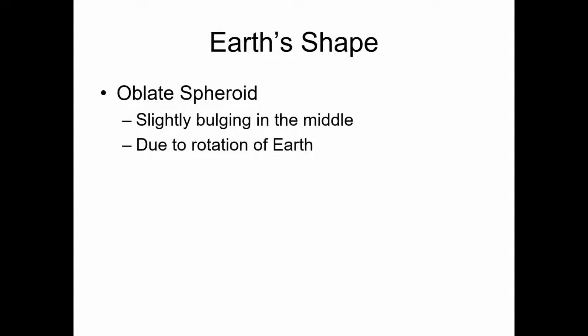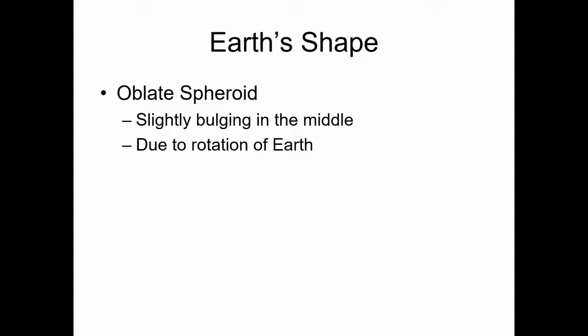A basketball is the same height as it is fat. The Earth, however, is slightly fatter at the equator. So it does bulge out a little at the equator. So if you measured from the North Pole to the South Pole through the center of the Earth, that number would be slightly less than if you measured going across the globe.